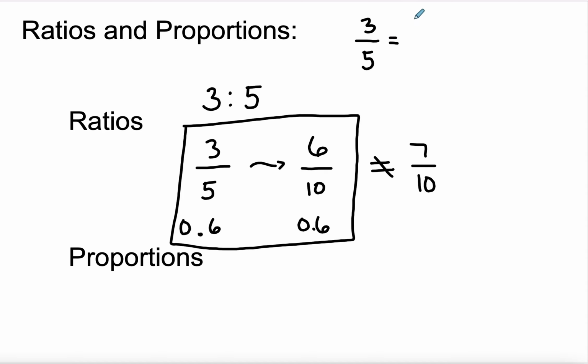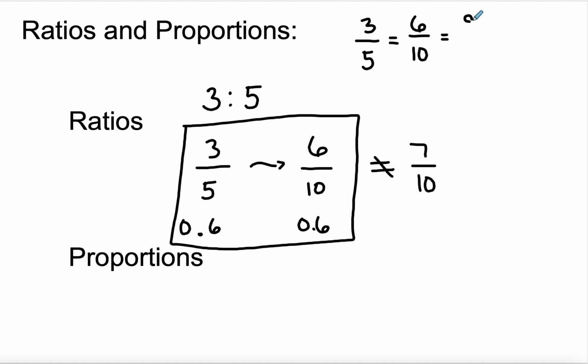3 to 5 is the same as 6 to 10. Well, if we continue to add 3 on the top and continue to add 5 on the bottom, our ratios will continue to have the same value, even though the quantity is changing.